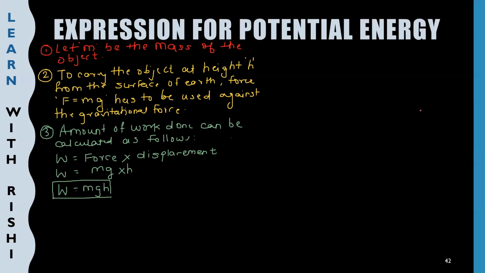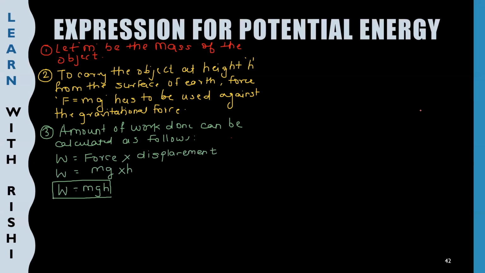Now when we solved the derivation for the expression of kinetic energy, there also we first found the work done, and we know that work done is nothing but equivalent to energy. So whatever amount of work is done, that amount of potential energy is stored in the object.